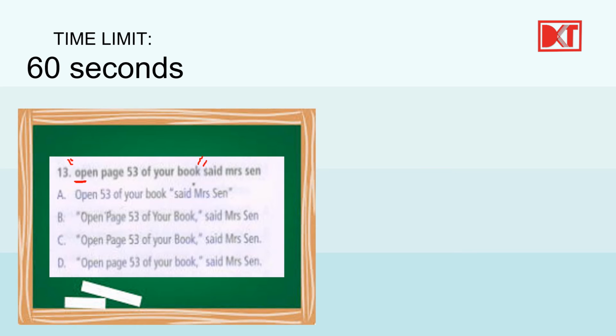We put a comma after the dialogue is finished. Said Mrs. Sane. Here Mrs. is a title. So here M will be capital. Then we'll have S, Mrs. Sane. So S will be capital for Sane. And then we'll have a full stop. Alright. So here the correct answer is D. Open page 53 of your book, said Mrs. Sane.